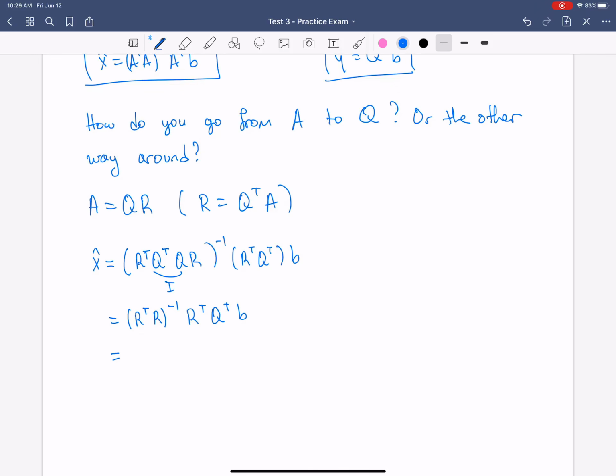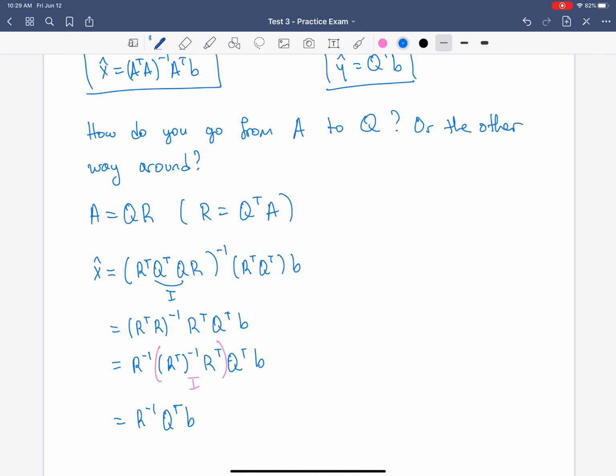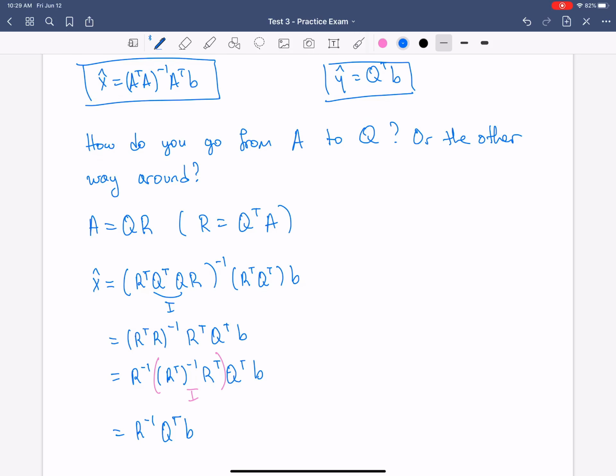So I can apply that inverse and get R inverse, R transpose inverse, R transpose Q transpose B. Now you see this part is just the identity matrix because I have R transpose inverse and I have R transpose. So what I have is R inverse Q transpose B, but Q transpose B is just y hat. So this part is simply y hat.